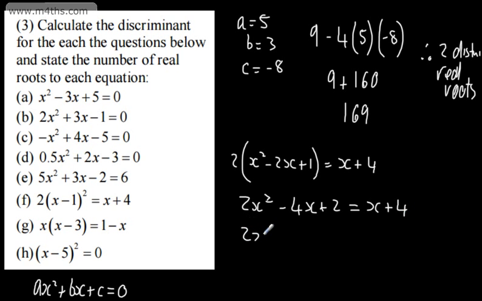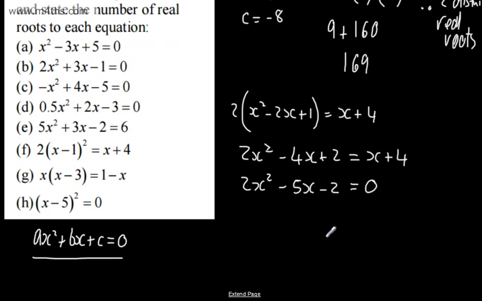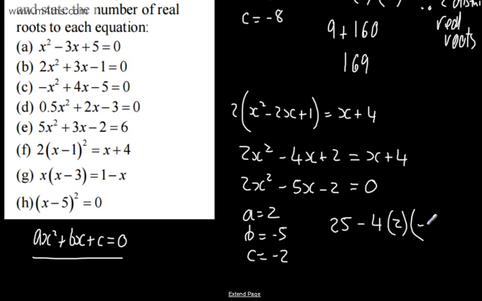So 2x squared minus 5x, then minus 2 is equal to 0. So we can say that a is equal to 2, b is equal to negative 5, and c is equal to negative 2. So b squared, negative 5 squared is 25, minus 4 multiplied by a multiplied by c. That looks like it's going to give me 41. That looks like 41.